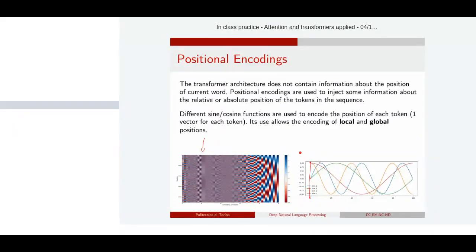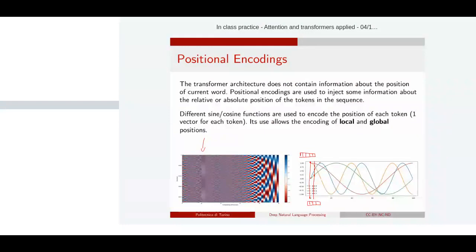So this is the vector of the first word. The second word perhaps should be here. So I take all these values from different sine and cosine waves, and I compute the second positional encoding for the second word. Using sine and cosine, I can encode information about different frequencies.